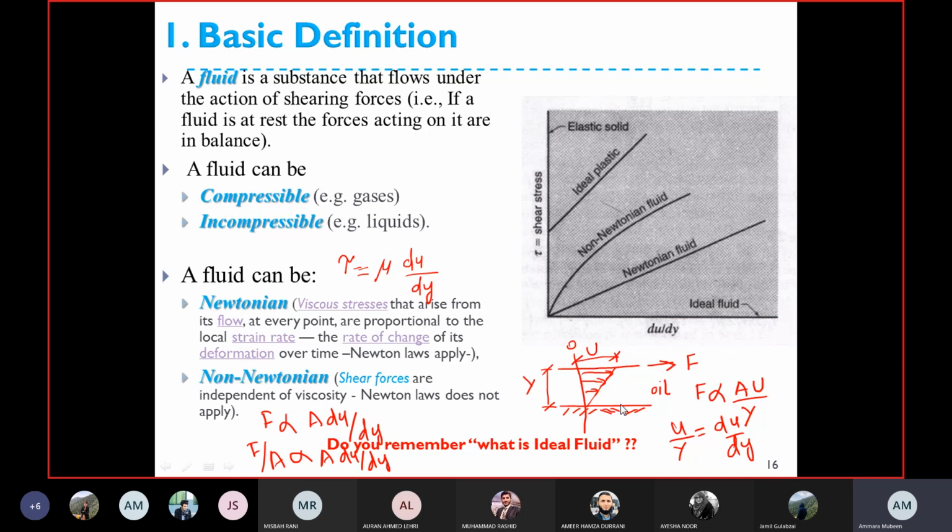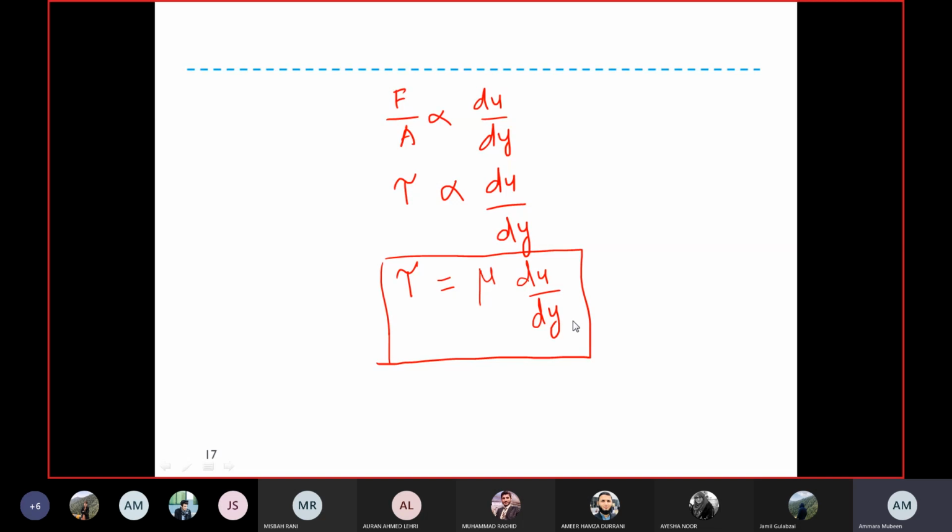If you consider the example of a pipeline, in the pipeline the boundaries are fixed but fluid is moving inside. For that scenario he applied the same equation and was successful in proving that shear stress is proportional to the velocity gradient and the constant of proportionality is mu.